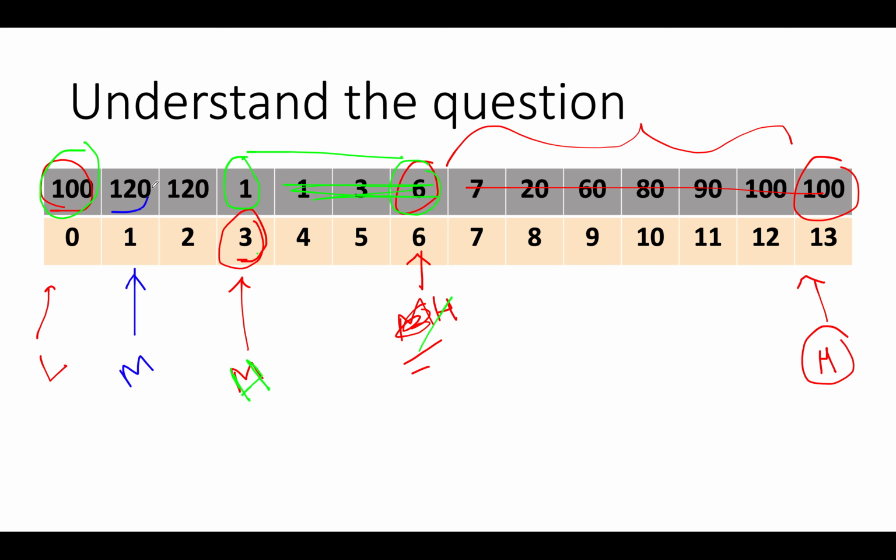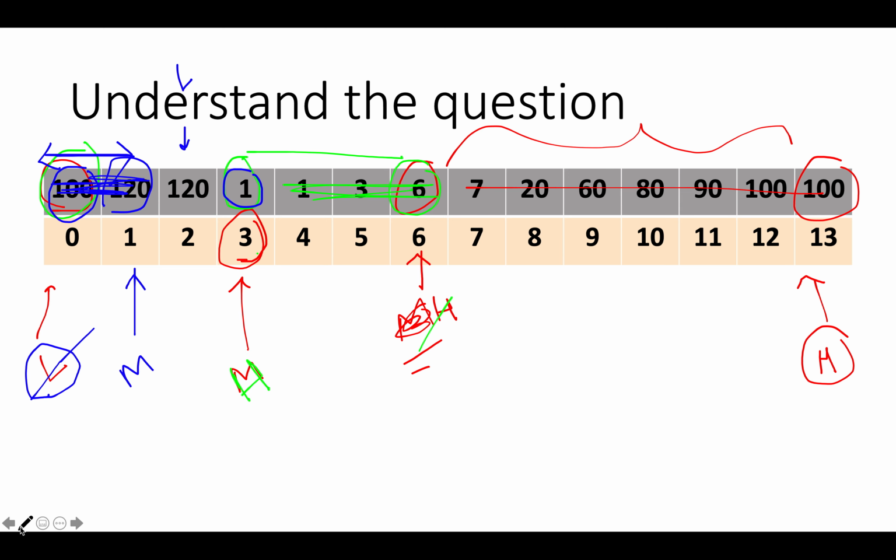The minimum will not lie in the left part of the array, because this part is sorted and the value at the middle index is greater than the value at the low index, and we are looking for the minimum value. So we can safely discard this part of the array. In such cases we update the lower bound to mid plus 1, because we can discard both these elements. So low gets updated to mid plus 1.